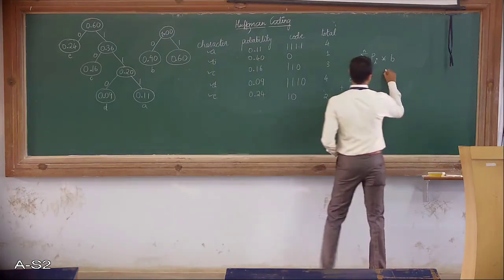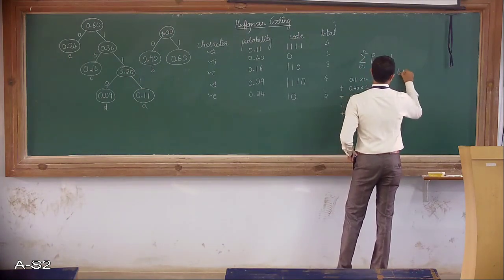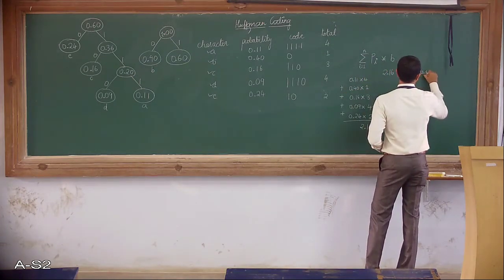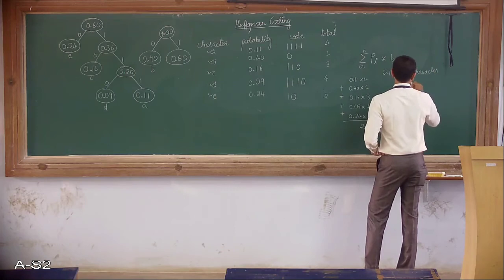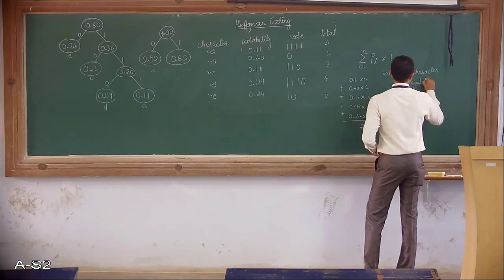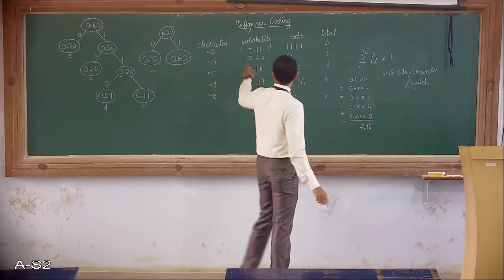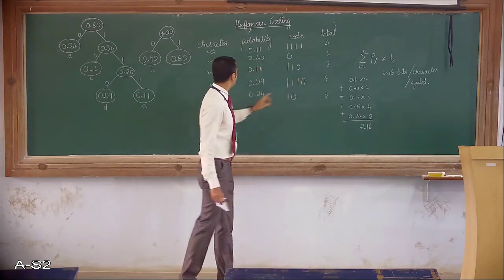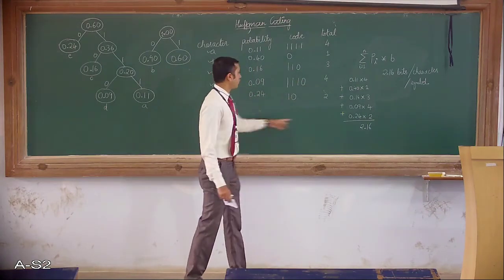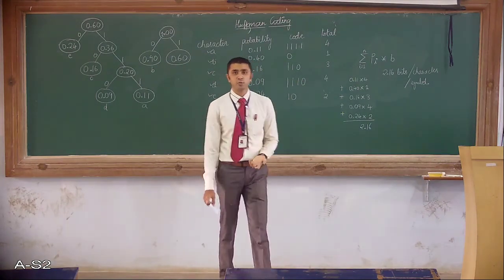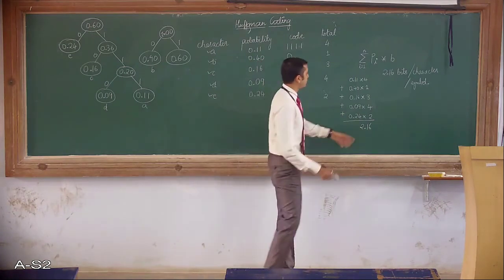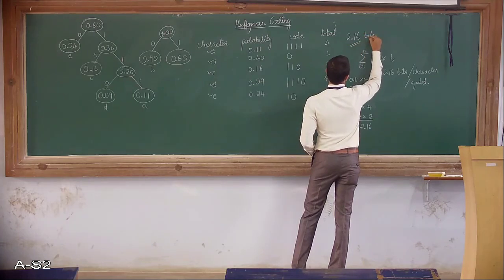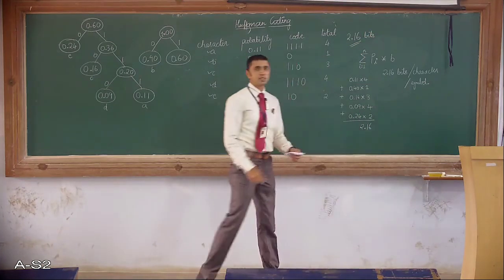So this is 2.16 bits required per character or per symbol. See, A requires 4 bits, B requires 1 bit, C requires 3, D requires 4, E requires 2. But what is the average number of bits required? The average number of bits required is 2.16 bits. So this is how compression has taken place.